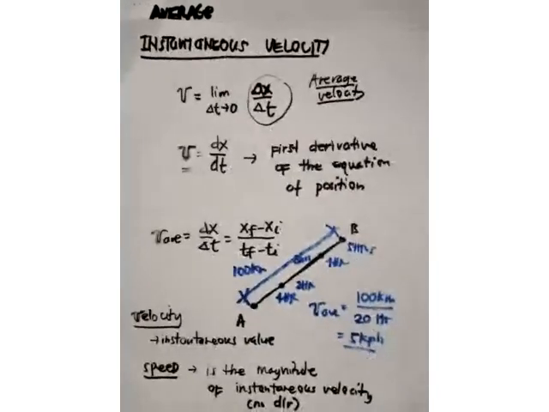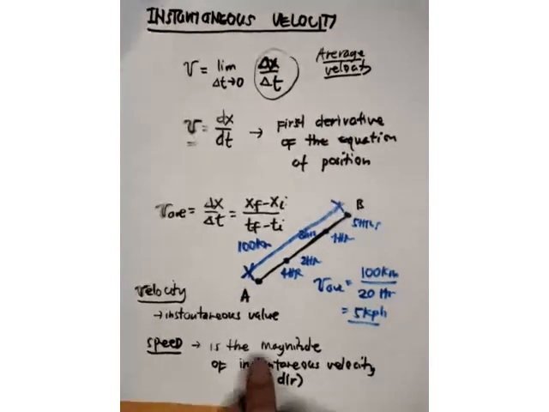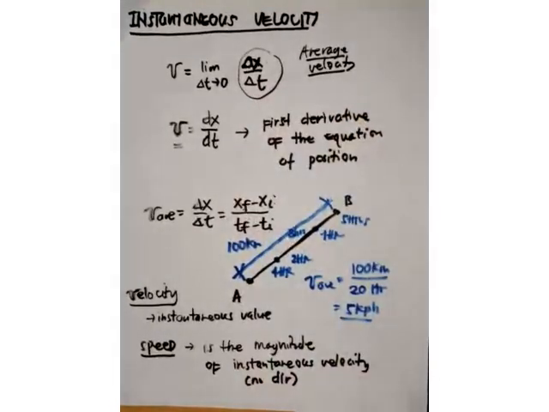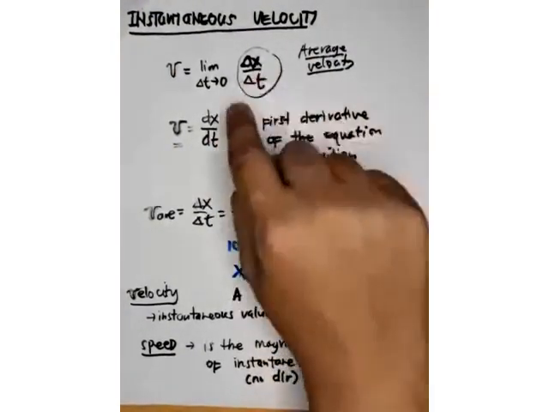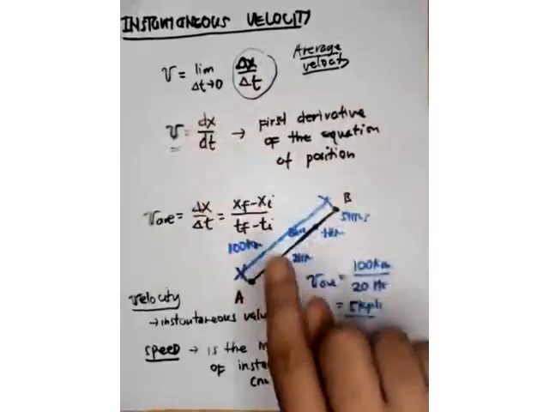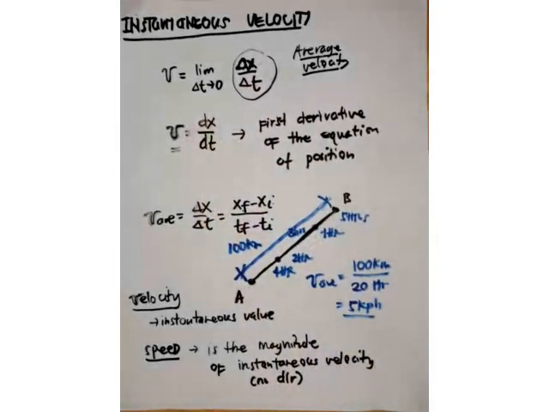Unlike for instantaneous velocity and instantaneous speed, ayan, instantaneous velocity is the limit of the average velocity as delta t approaches 0. So in short, if we are given the equation of the position, we get the first derivative of that position to get the equation of the velocity.